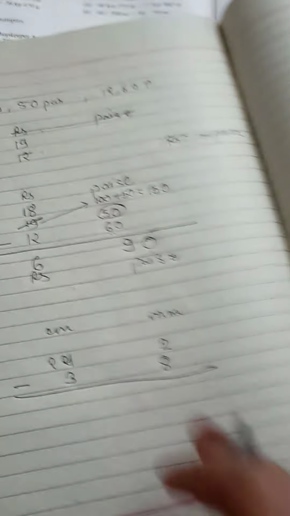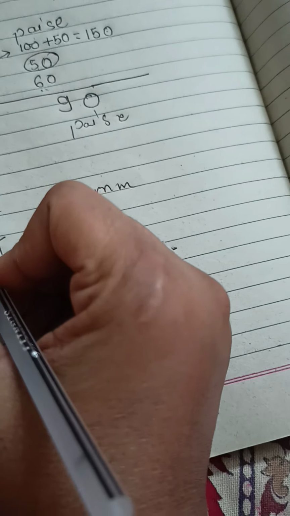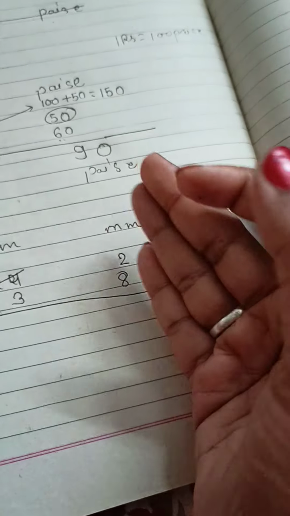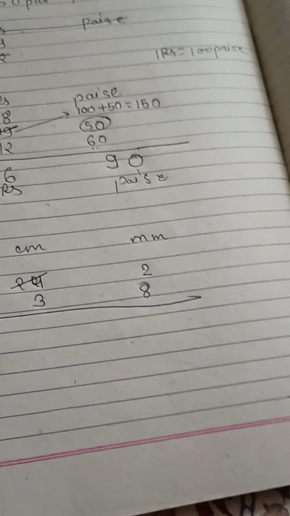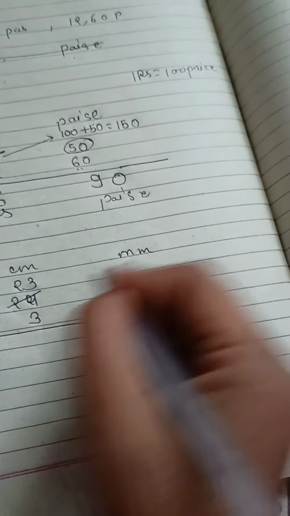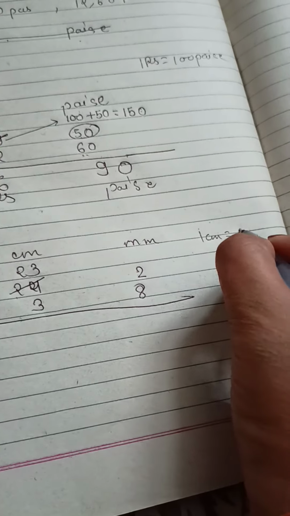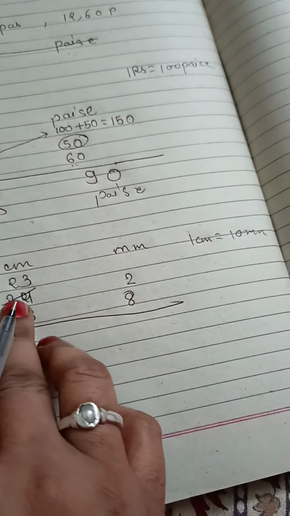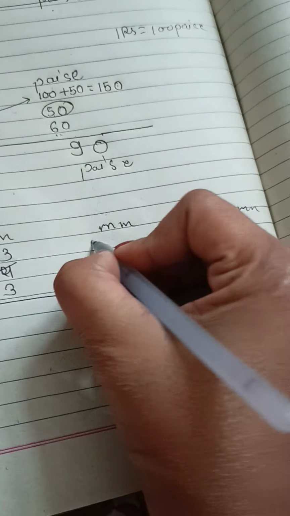Now we can't subtract 8 from 2. Yes or no? Yes. So what will you do? You will cancel this 1 centimeter and convert it into millimeter. This will become 23, and this 1 centimeter is equal to how much? 10 millimeter. So this 1 will become 10 here.